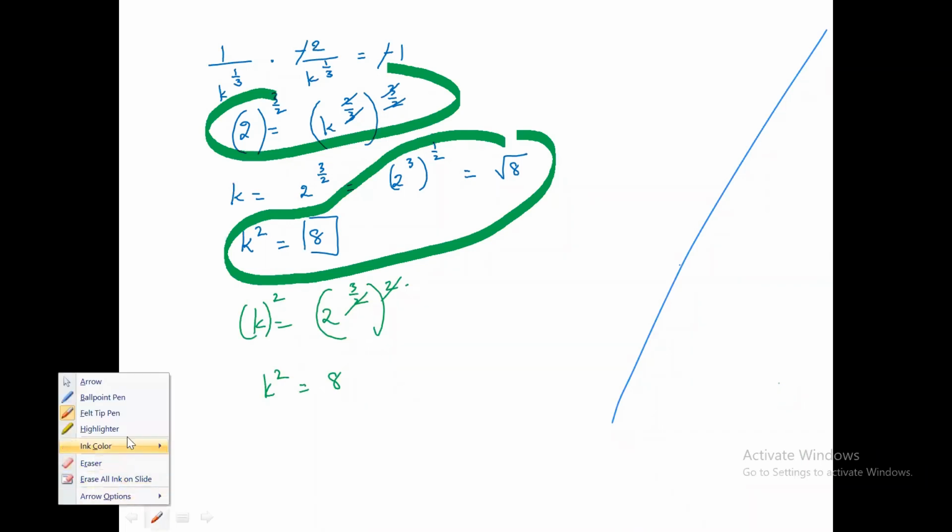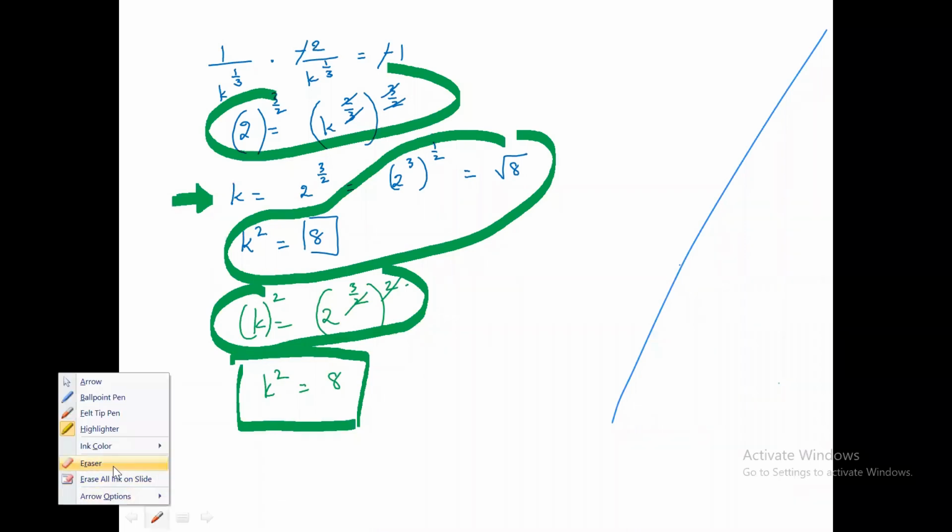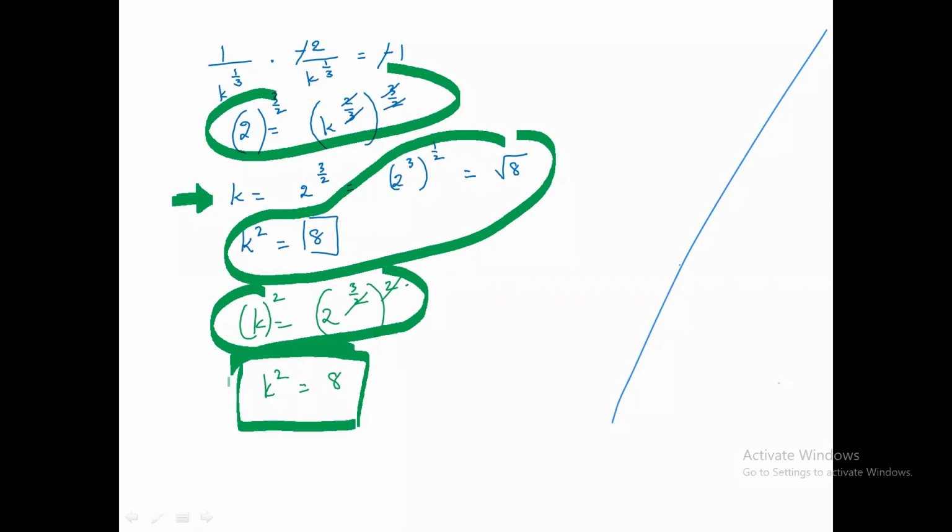This is how I'll reduce the number of steps. This also I need not write. Directly I can square here. Directly I will square and in one step I will write the final answer. So whatever I have circled, I need not write. Even this last step, k square equal to 8, I need not waste time in writing.